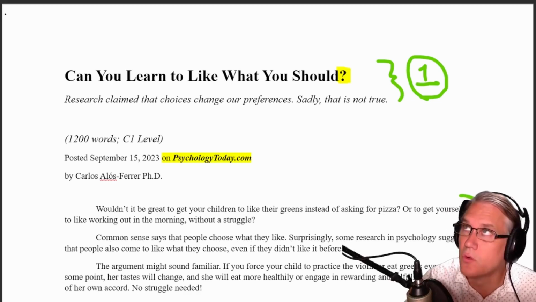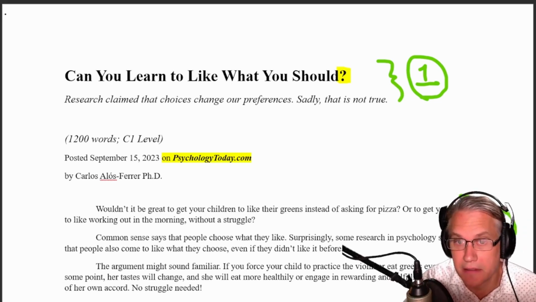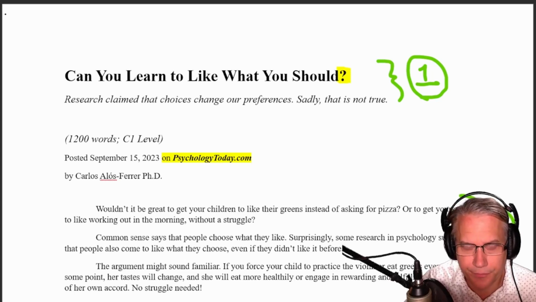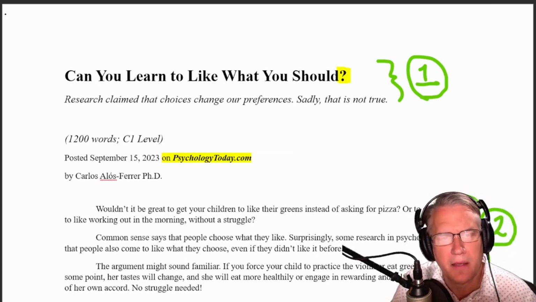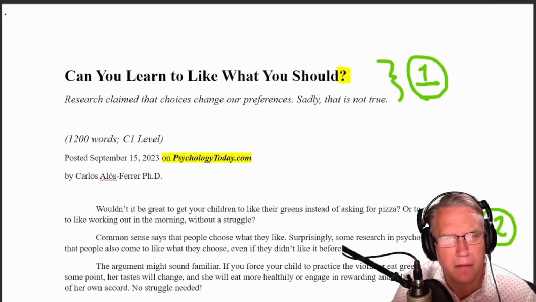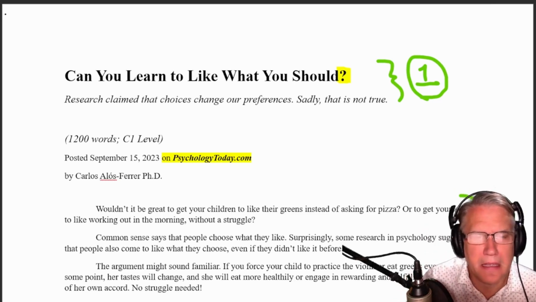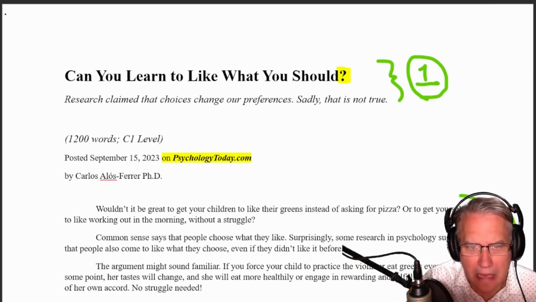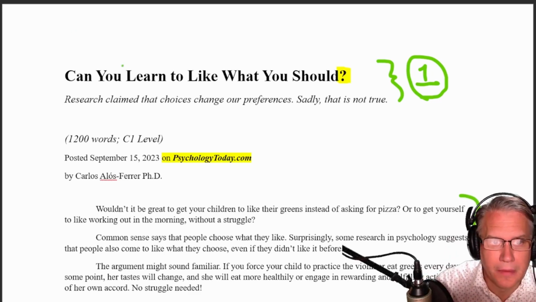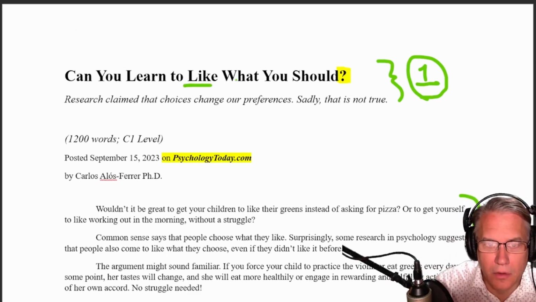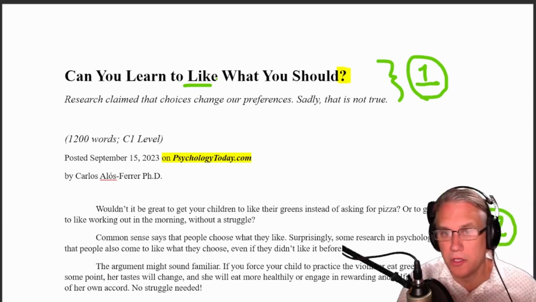It's a very grammatically complex question. Can you learn to like what you should? So we need to make a guess about what we think the meaning of this is. Can you learn to like what you should? What you should like, I guess. Can you learn to like what you should like?